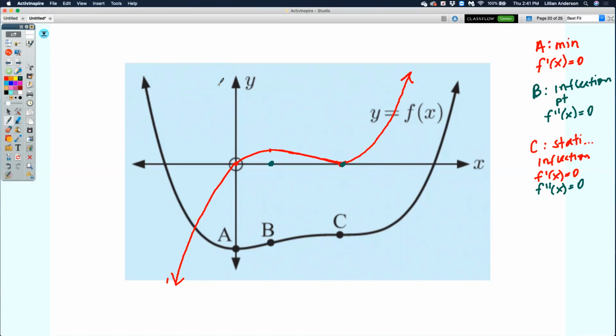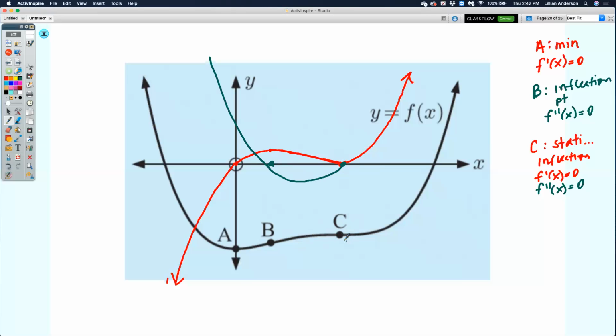So then that means that from negative infinity to point B, we should be above our x-axis. From B to C, we're concave down. If we're concave down, that means the second derivative is less than 0. So then that means our graph of our second derivative should be below the x-axis.